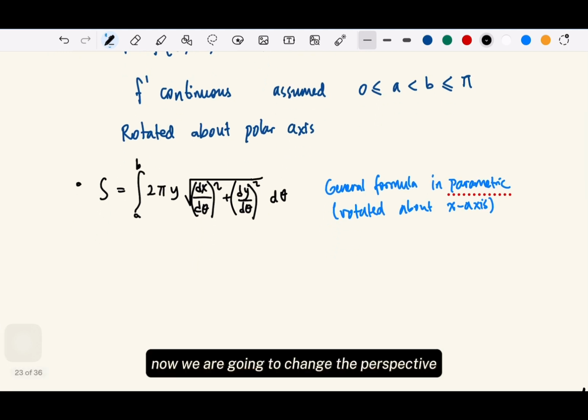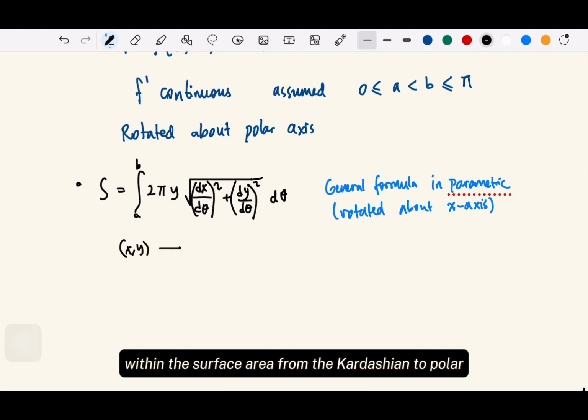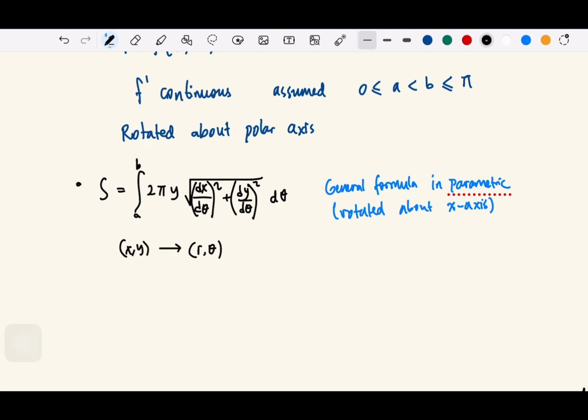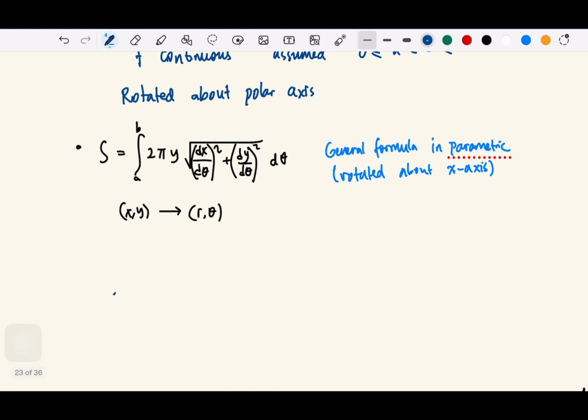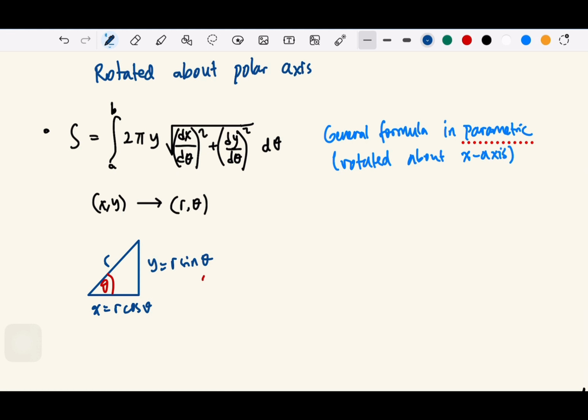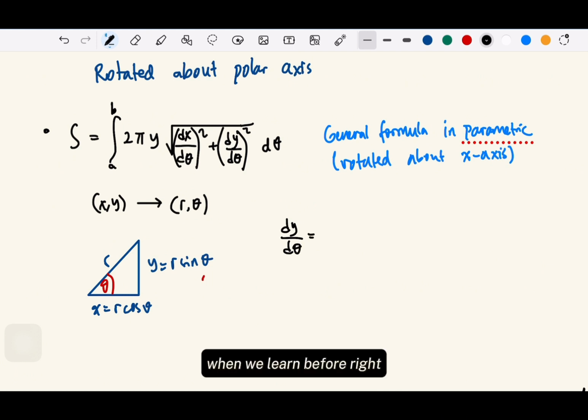Now we are going to change the perspective of the surface area from Cartesian to polar. Okay, so we get that dy d theta, as we learned before, right?